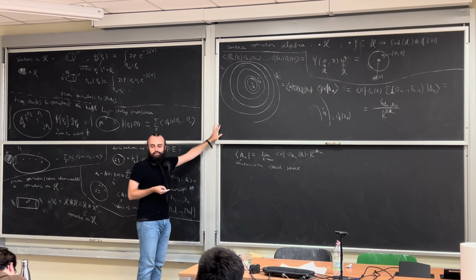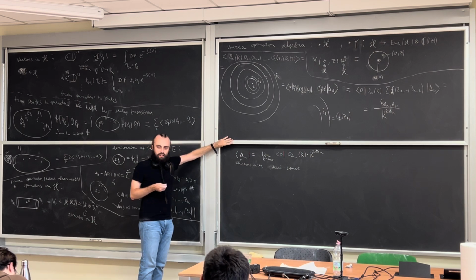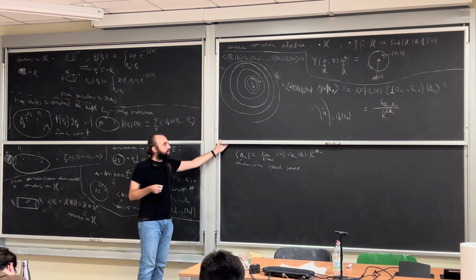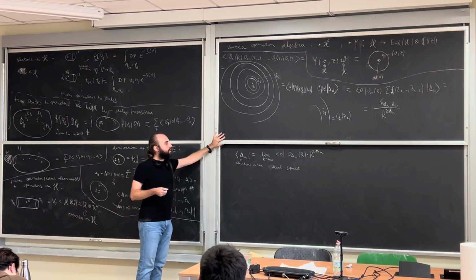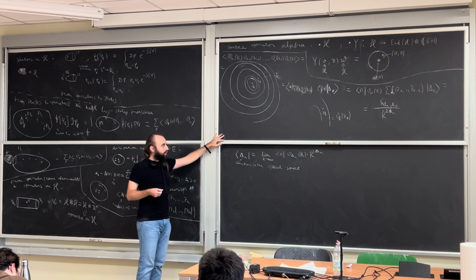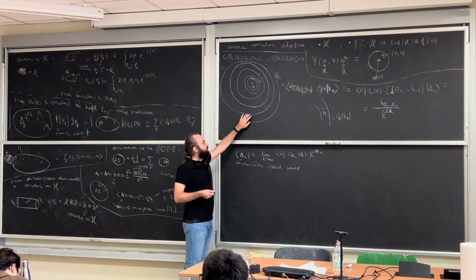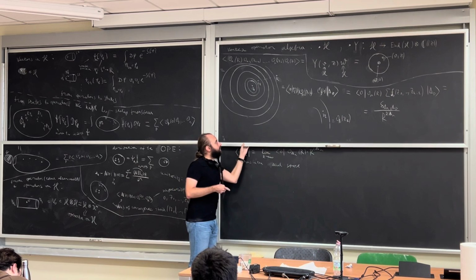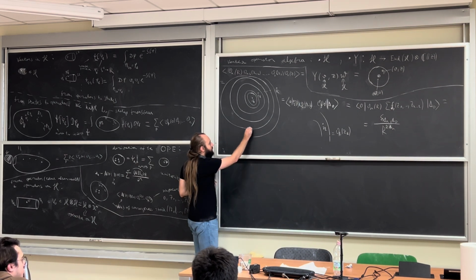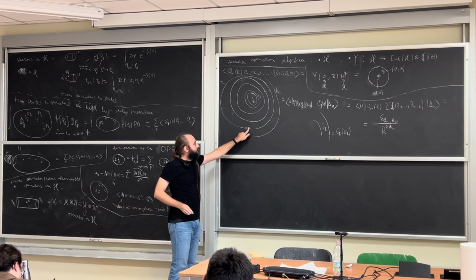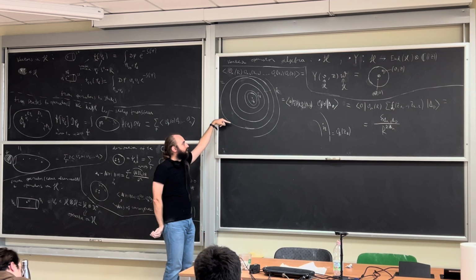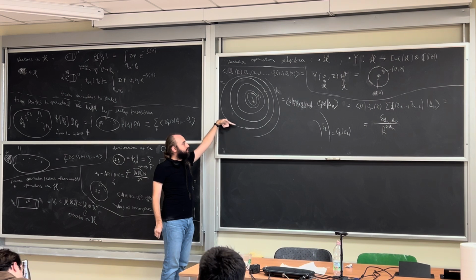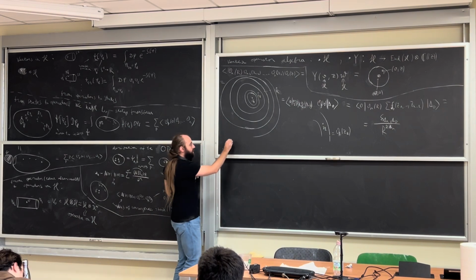So is it okay? And by the way, this choice of circles where the Hilbert space will live is called radial quantization.